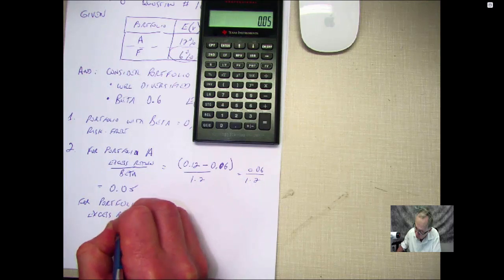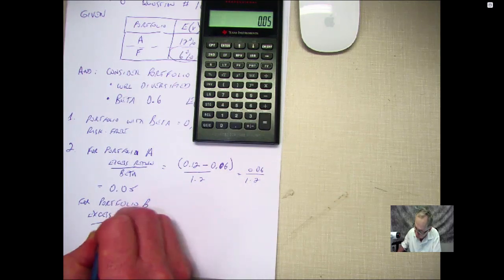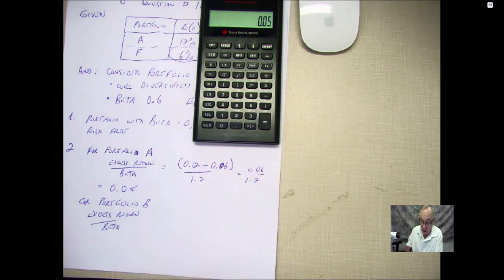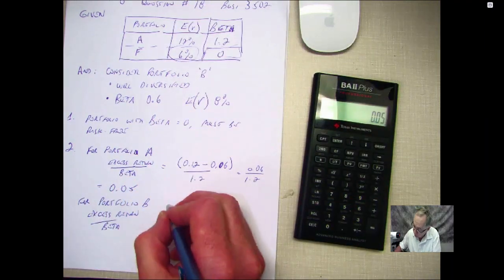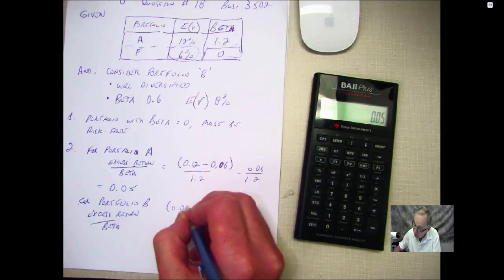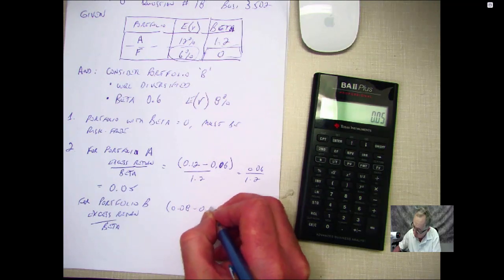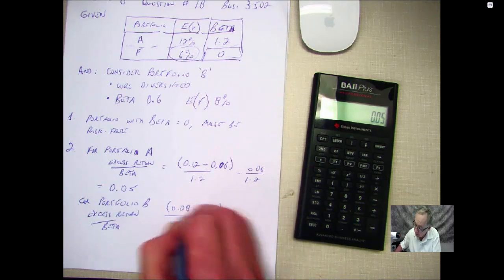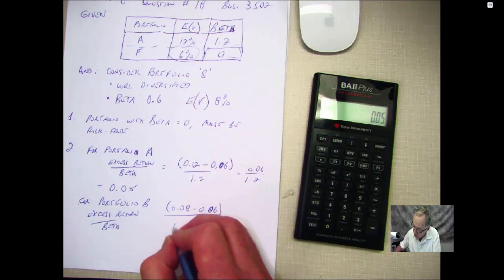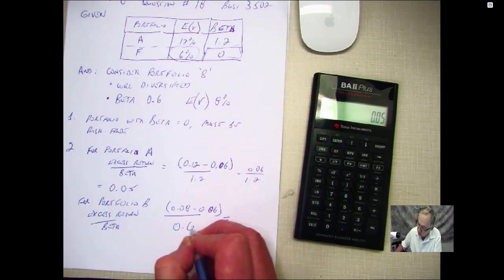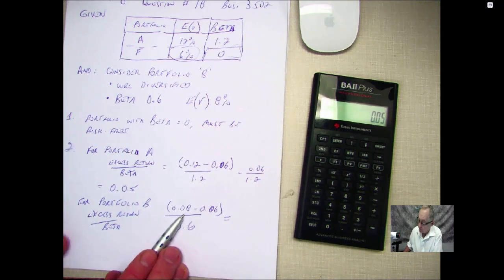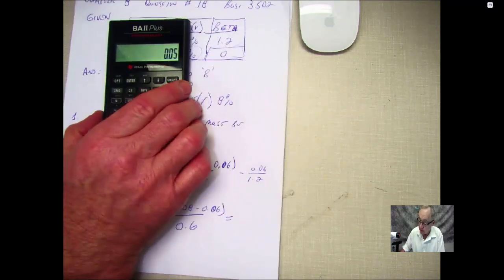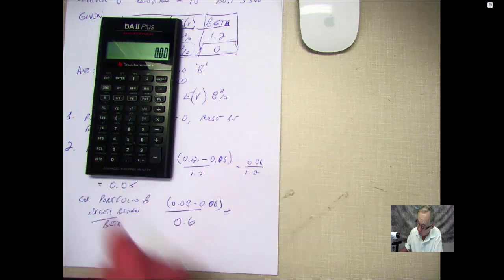For portfolio B, excess return, again, divided by its beta, and we're told for portfolio B 0.08 minus 0.06 and beta 0.6. Obviously a less risky return, but promising less in expected return outcomes.